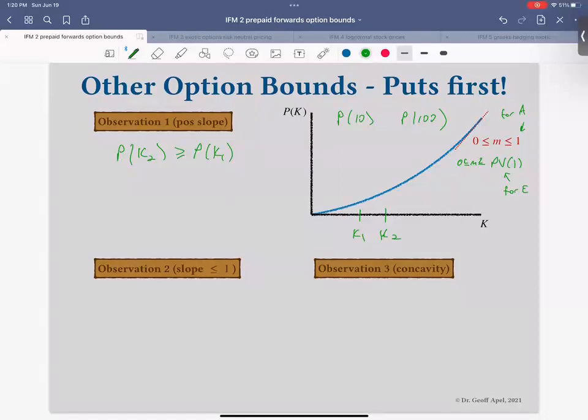So we want the one with strike 100, because it has a whole lot more room to pay. It's going to pay anytime the stock is below 100, so it's going to pay a whole lot more often. And if they both pay, then this one will pay even more. So that's the no-brainer choice. We would want the one with strike 100. That's the one that's going to be more beneficial. So the higher the strike, the higher the value. So that's good.